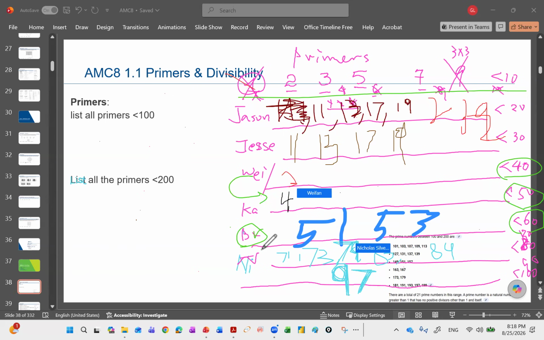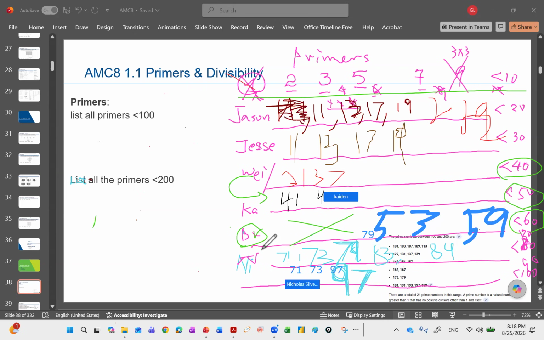Okay. Brian, 51 is wrong, okay? So why is 51 wrong? Good question. 51 is what times what? 3 times 17. The digits 5 plus 1 is 6, so it divides by 3. Yeah, I told you the rule. So basically, you guys are very good.